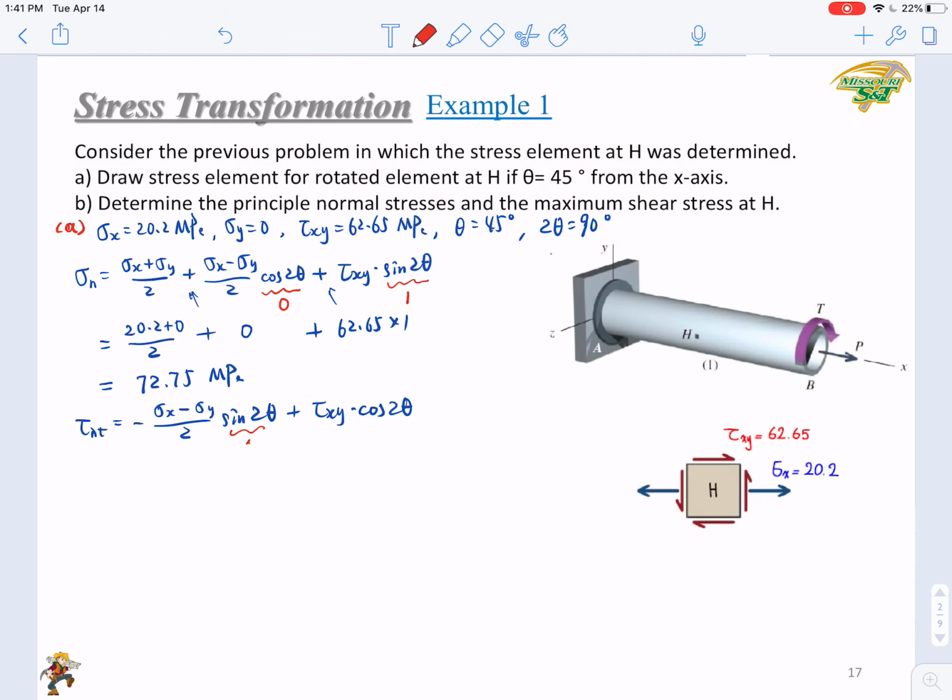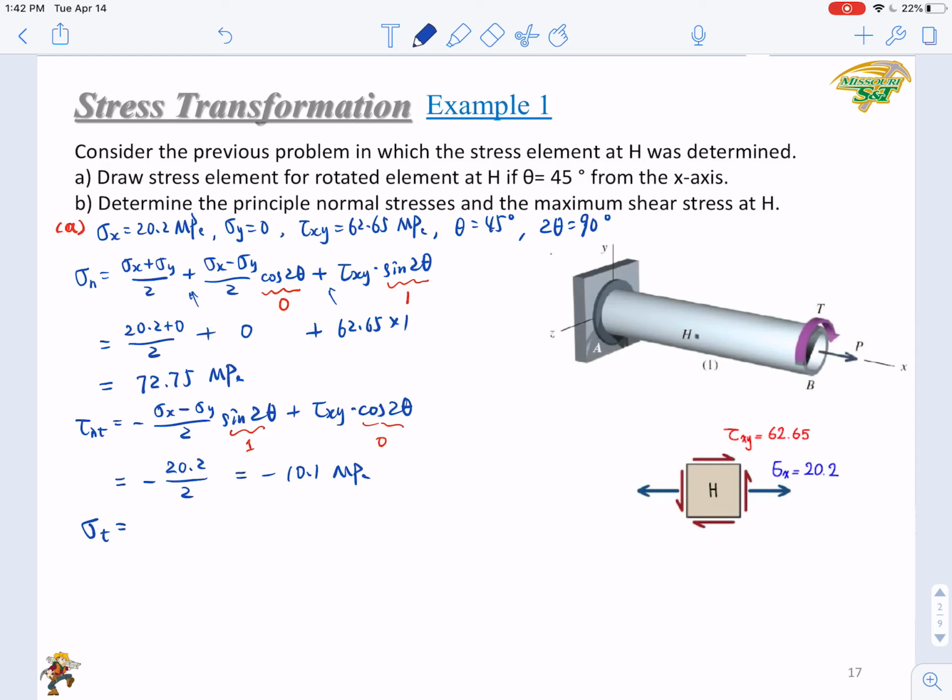Again, here you get 1, here you get 0. So you get negative 20.2 over 2, which is negative 10.1 MPa. To calculate sigma t, you can just turn the positive signs in the first equation into negative signs, but that calculation is long.